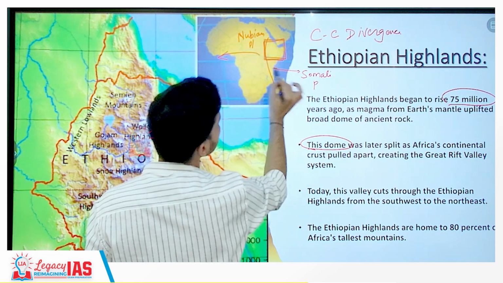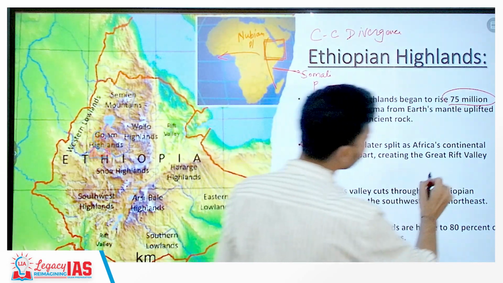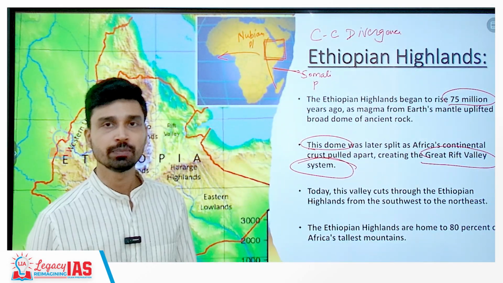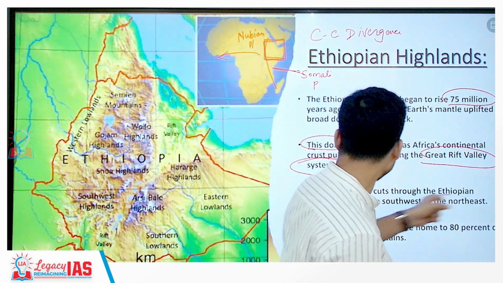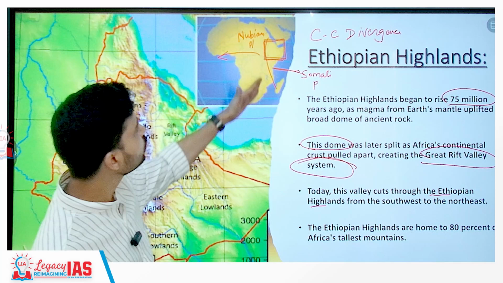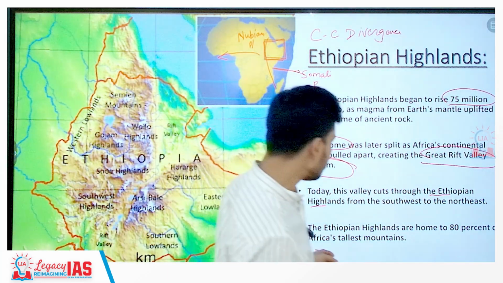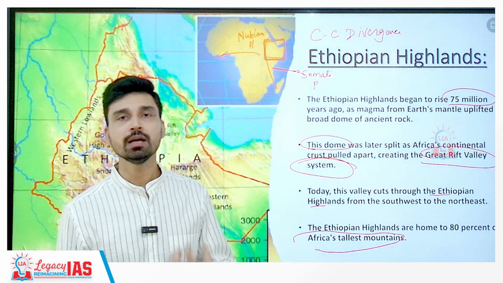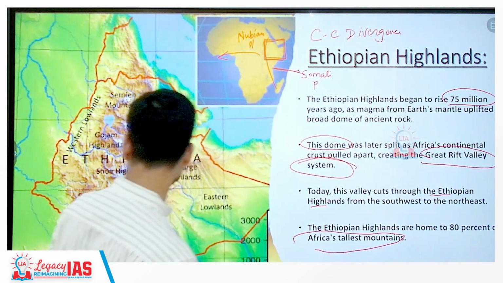So the Nubian plate and Somali plate are separating, and due to the separation a rift has developed here, which is called the Great Rift Valley system. And today this Great Rift Valley system is cutting the entire Ethiopian highland from southwest to northeast. Eighty percent of Africa's tallest mountains, including the highest peak of Africa, Mount Kilimanjaro, are a part of the Ethiopian highland.